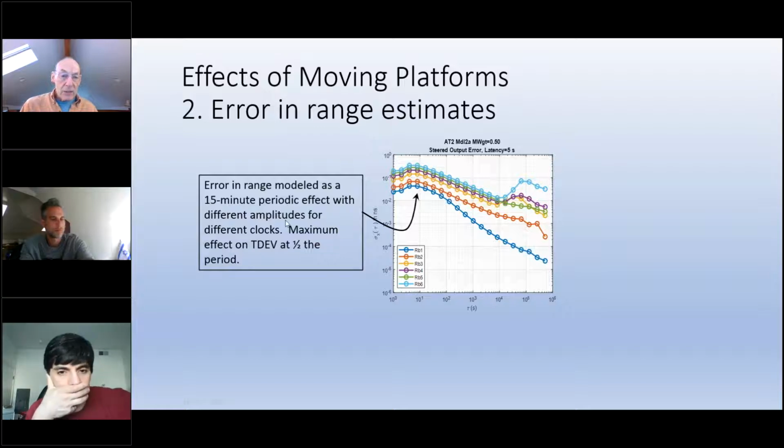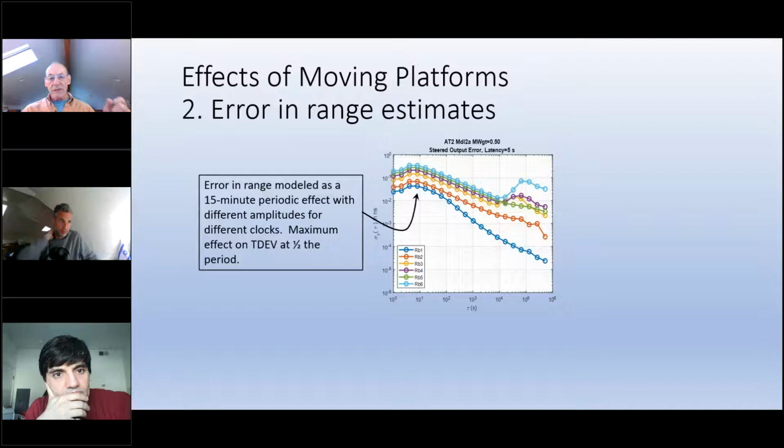I'm sorry, I said 15 minute, this is 15 second. Suppose there's a periodic effect in how the drones are trying to form around each other, and there's some error happening in their positioning with a 15-second period. They're moving in and out, and suppose they each had rubidium clocks.